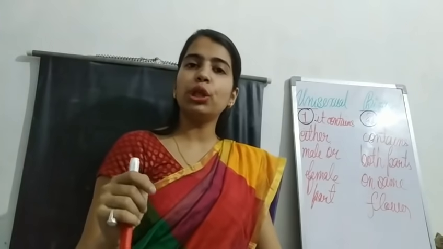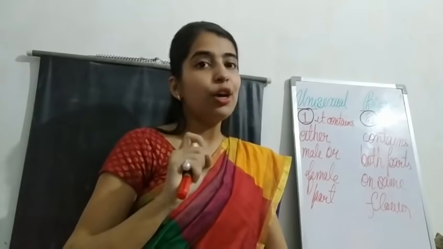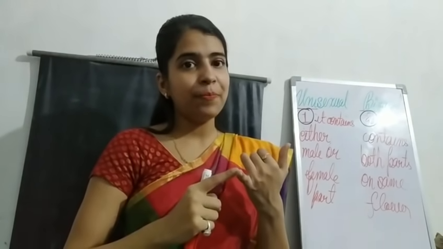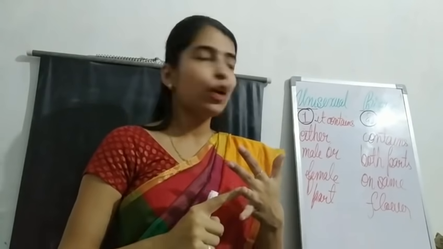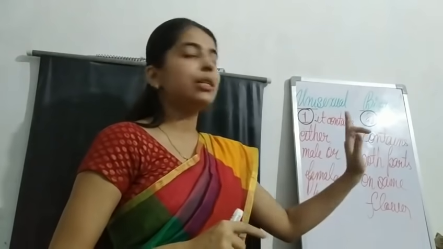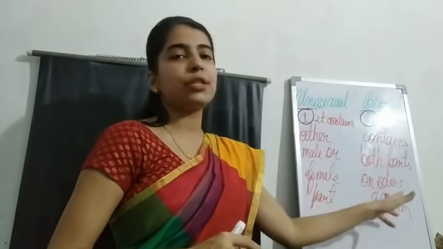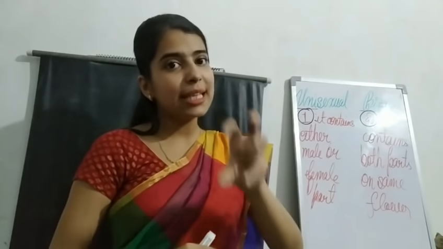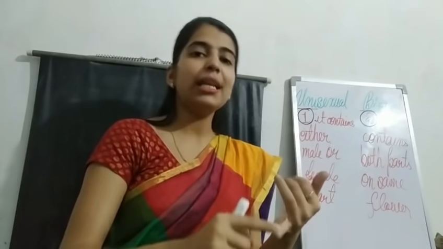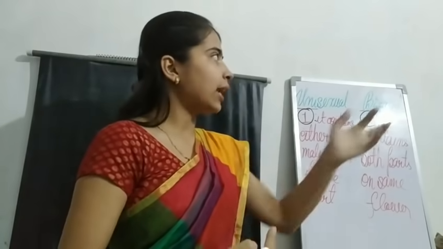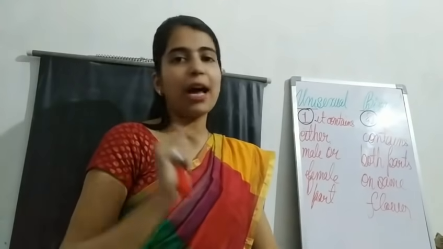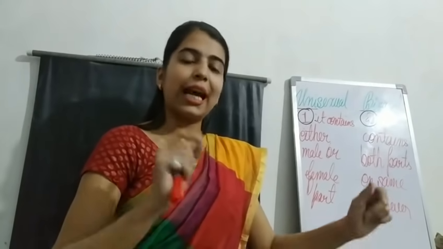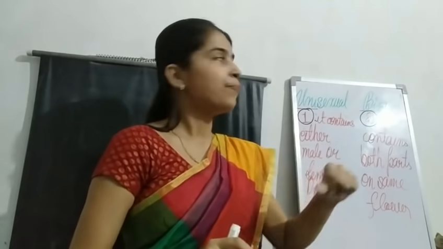Just now I have shown you the structure of the rose flower. So the rose flower had the stamen as well as it had pistil. Okay, so bisexual means it will contain both stamen as well as the pistil on the same flower. That is a bisexual flower. Just now I have shown you rose, so that is an example of bisexual.